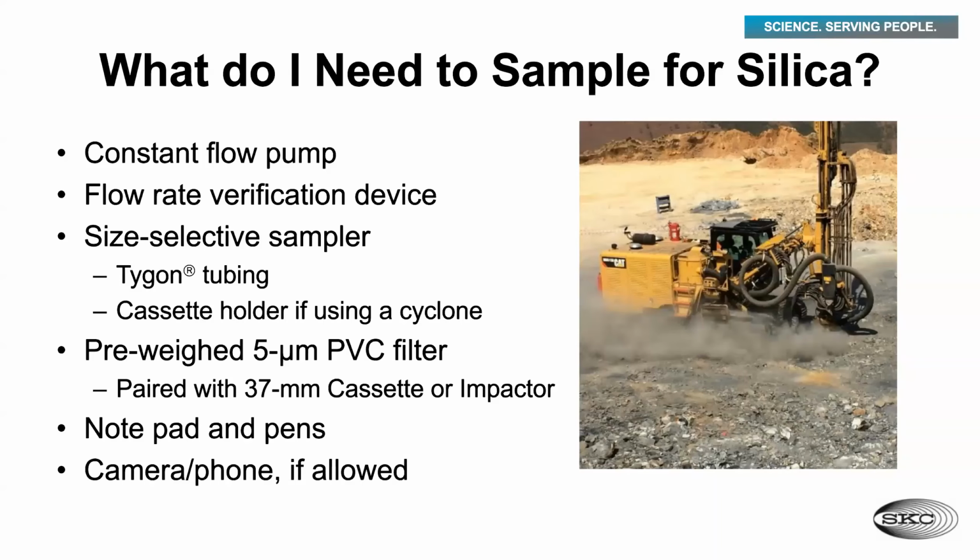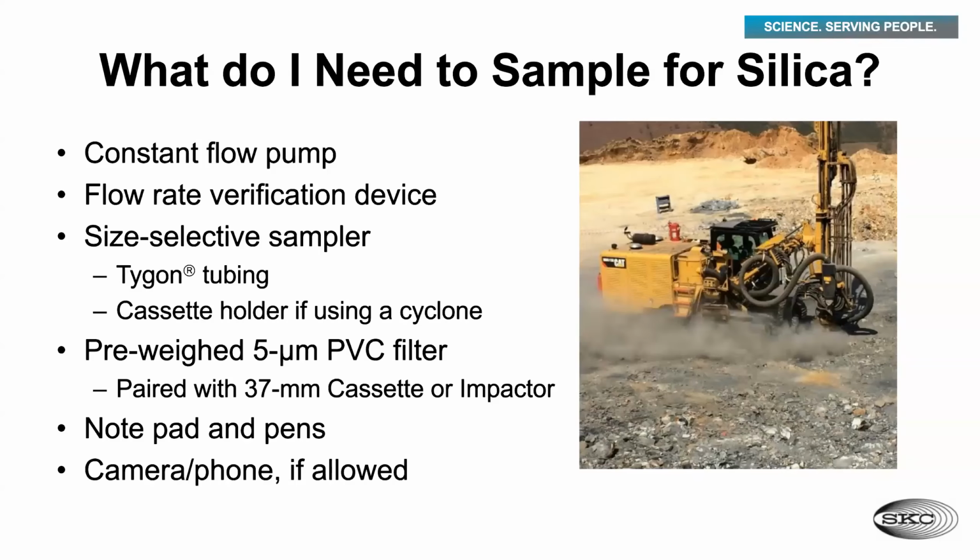That way you can know the weight of the respirable dust on the filter, and then they do an XRD analysis to find out how much silica is on that particular filter, and then they're giving you a % silica of the dust based on the weight of the sample.